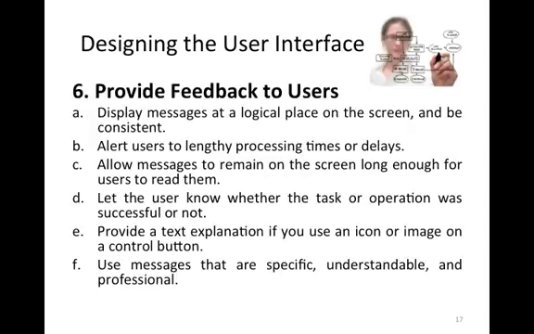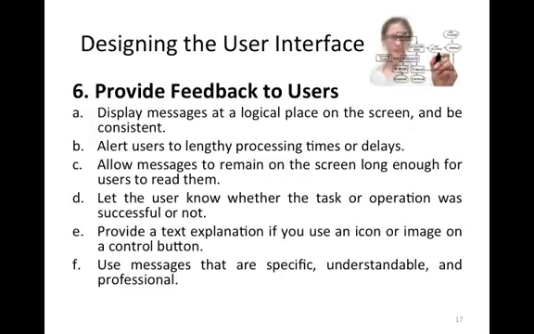Or when I did my airline reservation and it said, don't hit, we're processing your request, don't hit enter again. We want to have messages remain on the screen long enough for people to read them. It's really terrible if they flash up and go away.